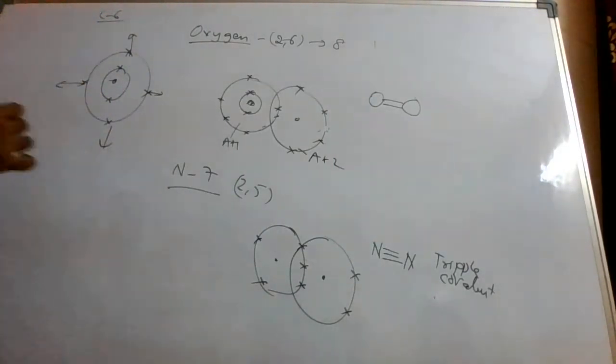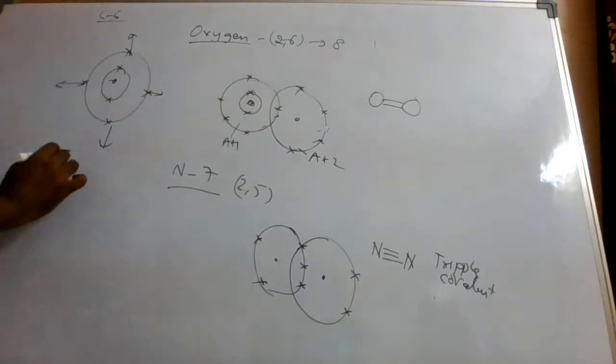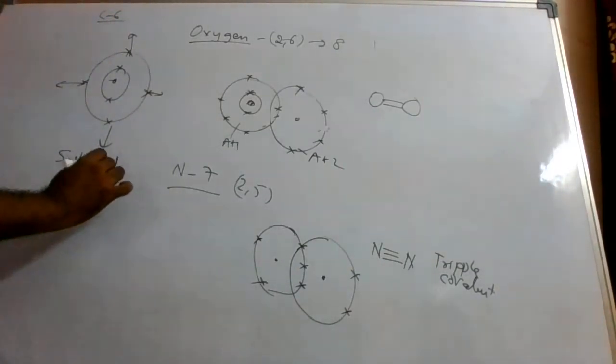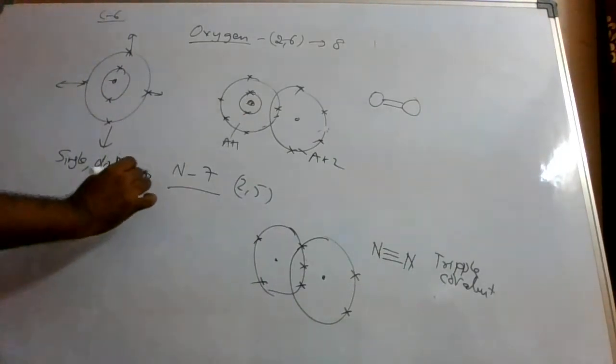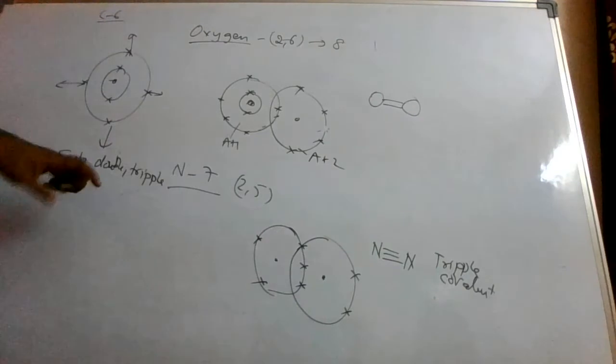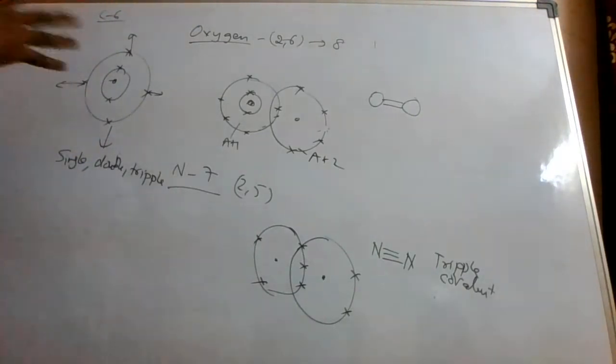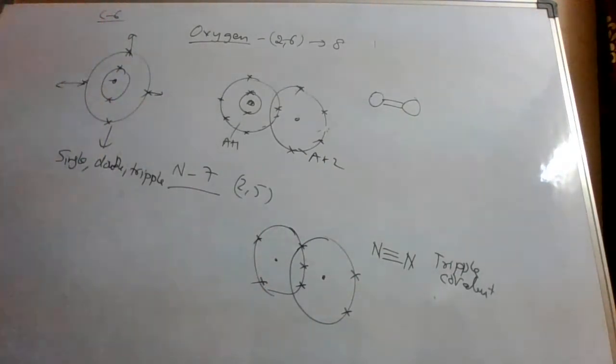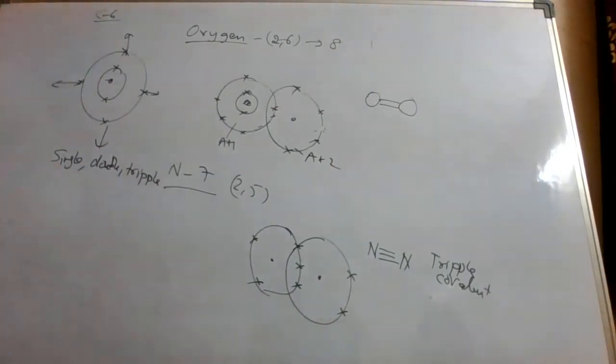So it can form single, it can form double, it can form triple and quadruple also. With different atoms it will form different covalent bonds. Okay, so this is the concept behind the covalent bonds. We will see how this is used in the formation of a semiconductor.